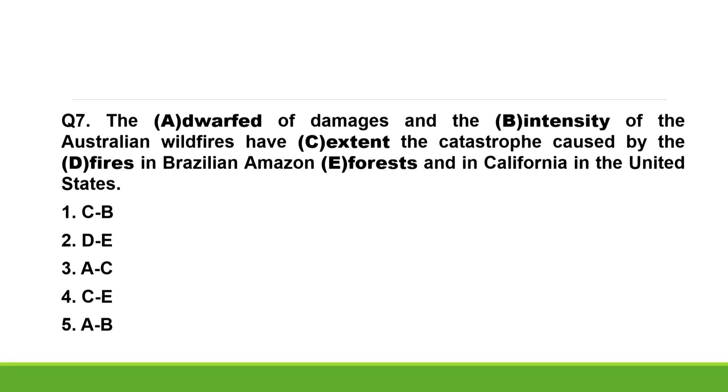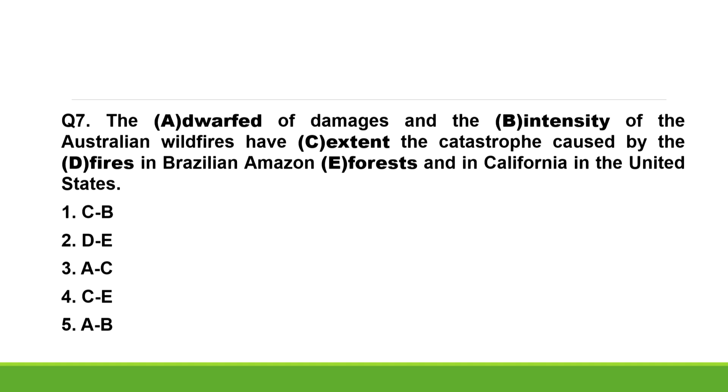Now, is it done? Let's discuss. "The draft of damages and the intensity of the Australian wildfires have extended the catastrophe caused by the fires in Brazilian Amazon forest and in California in the United States."